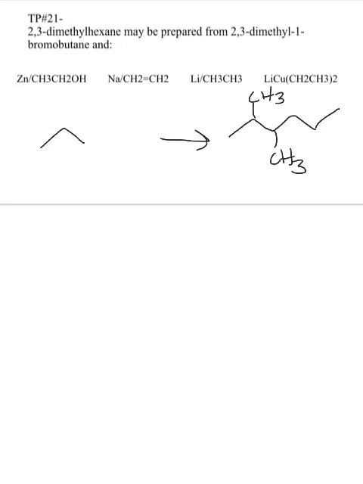So we got 1, 2, 3, 4. And on the 1, we have bromo. So we'll call that carbon number 1. And then on 2, we have CH3. And then on 3, we have CH3.